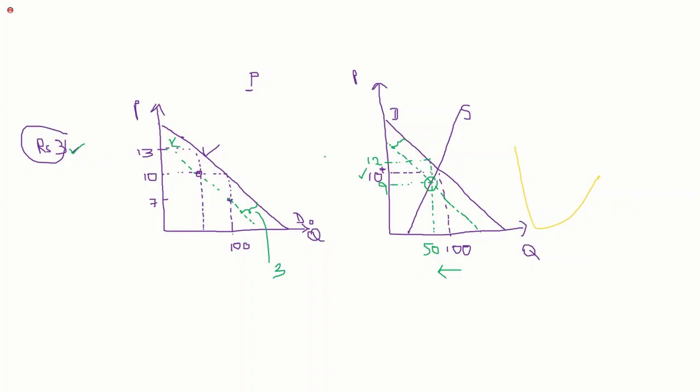So although the tax is 3 rupees per unit, the consumers don't pay the total 3 rupees. They instead pay 12, and you can also see the price the producers get has gone down to 9, by 1 rupee.